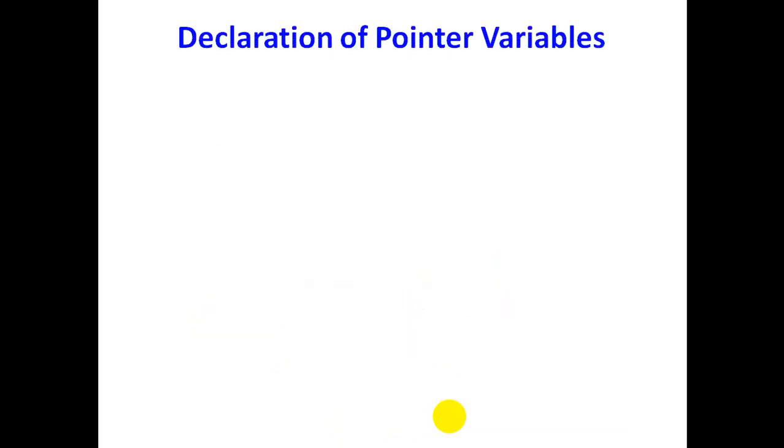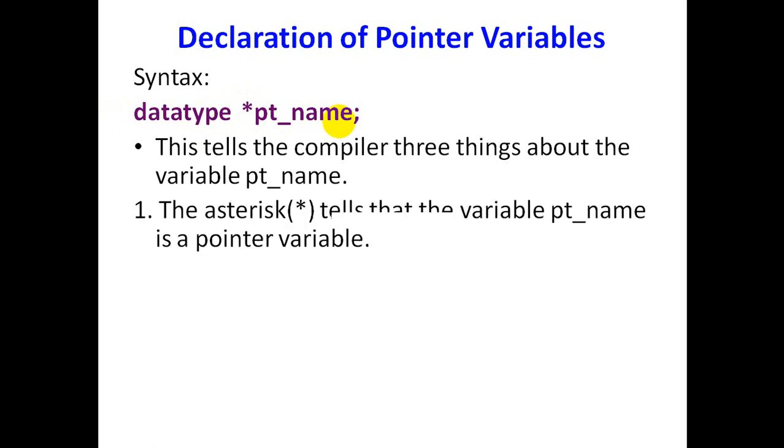Next we will see how to declare a pointer variable. First we will see the syntax. First there will be a data type, then asterisk symbol, then the name of the pointer variable. Here I have taken pt underscore name. There will be three things while declaring a pointer variable.